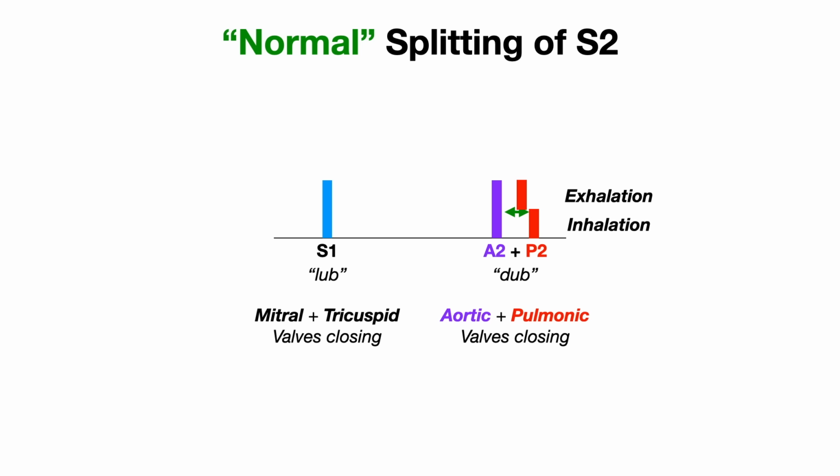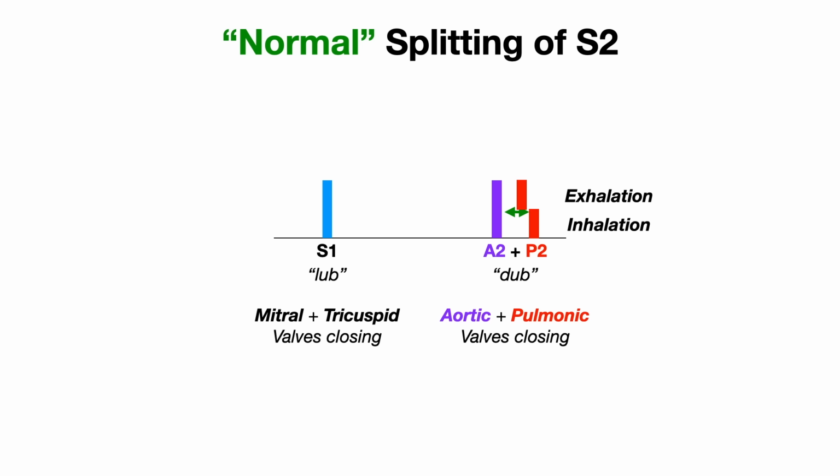So that P2 heart sound will get spaced out, and there'll be some normal splitting, but during inhalation especially, it'll get spaced out even more. So this is normal splitting, and I would summarize this by saying during inhalation, the pulmonic valve closure, or the P2 component of the S2, gets normally or physiologically split, so it spaces out.